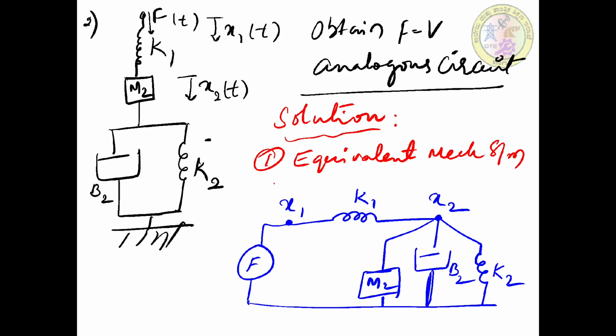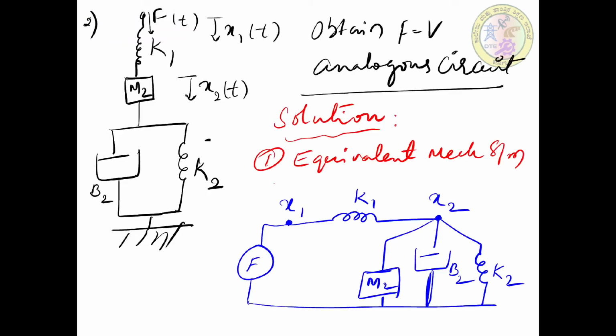Now, as there are two nodes here, the second step is to write the differential equations, node by node. At node 1, F is acting, and to node 1 only the spring K1 is attached. So our differential equation will contain only the F term and the spring K1 term.